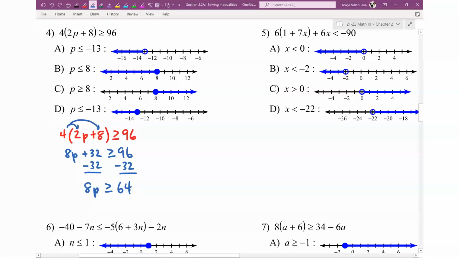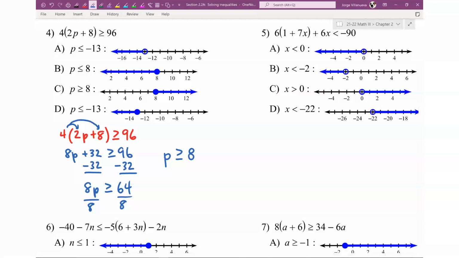Notice I have not multiplied or divided yet, so I don't have to worry about mixing anything up with the sign in terms of flipping it. But I am going to divide both sides by 8. If I divide both sides by a positive number, do I need to flip the sign? No, right? I don't need to flip it over. So this is p greater than or equal to 8. So remember, what kind of dot should it be? A solid or an empty?